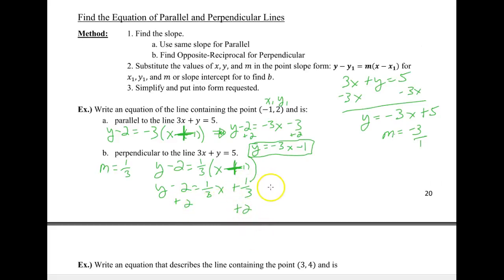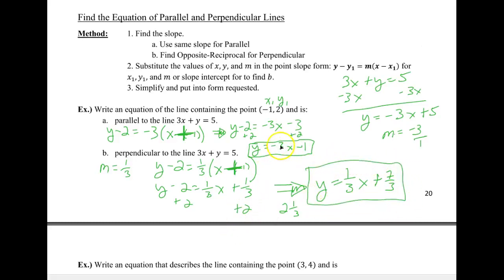So that'll be 2 1/3, or y equals 1/3 x. So 2 plus 1/3 is 2 1/3. I'm just going to go ahead and change this into an improper fraction. So 3 times 2 is 6, plus 1 will make that 7/3. There you go. There's my parallel line and my perpendicular line.